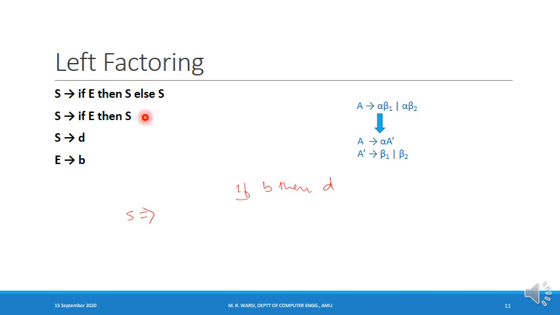In order to handle this issue, what I'll do is I will left factor the grammar. I will bring the grammar to the suitable form so that it is easier to decide which production to use. So for this, I will modify the grammar. And what modification will I make?